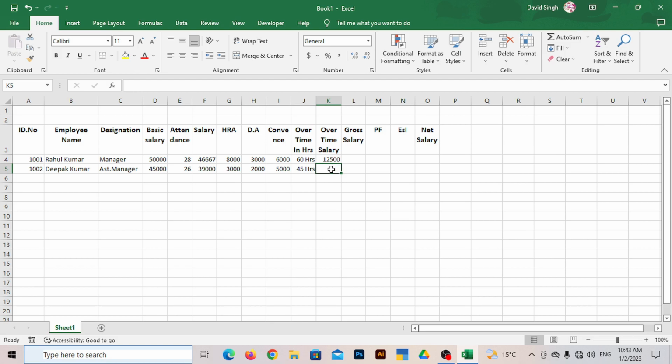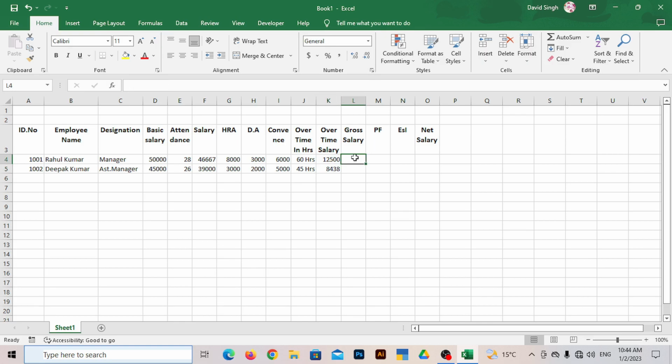One more time for Deepak, basic salary divided by 30 days gives the one day salary, divided by 8 hours, multiplied by 45 hours. I remove the decimal from here.